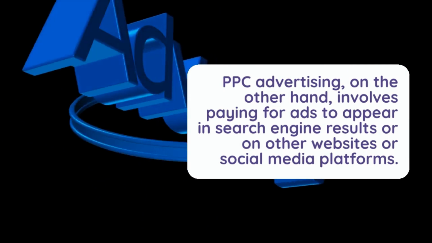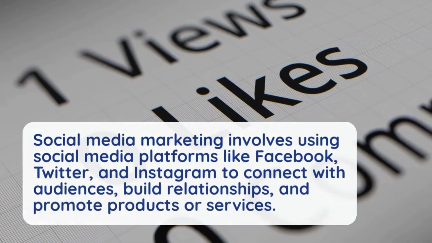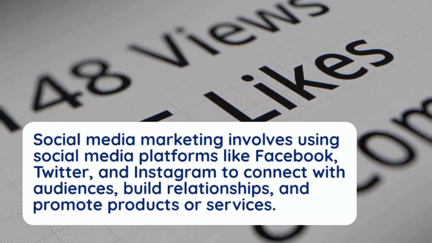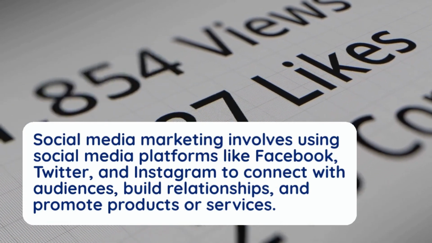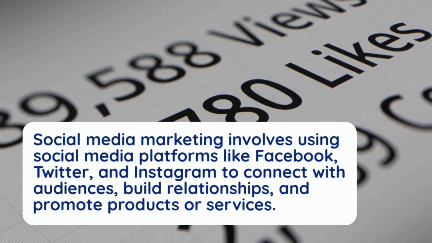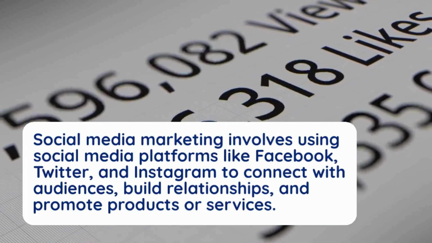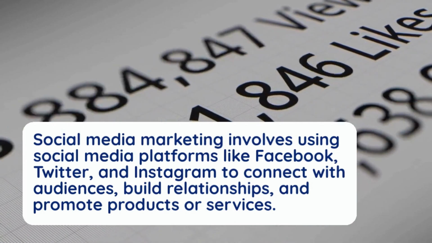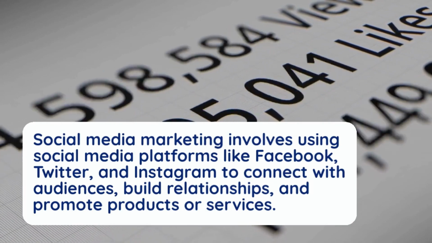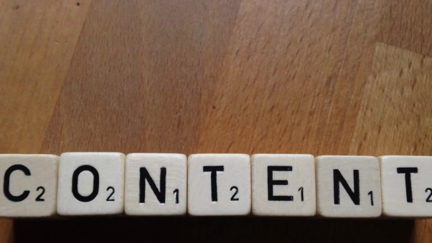Social media marketing involves using social media platforms like Facebook, Twitter, and Instagram to connect with audiences, build relationships, and promote products or services. Content marketing involves creating and sharing valuable content that attracts and engages a target audience, with the goal of building trust and establishing thought leadership.